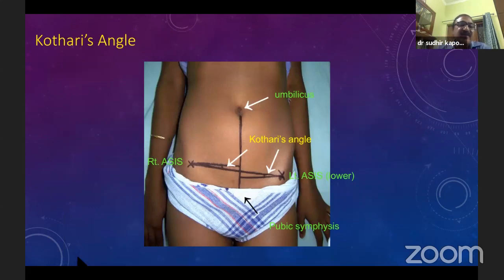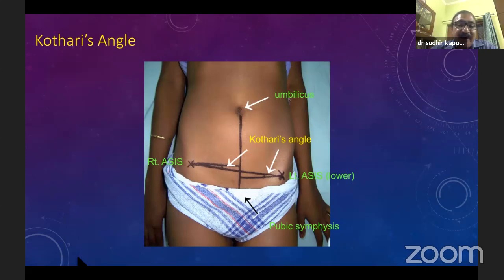Now, there is one more method of measuring abduction or adduction deformity by Kothari's angle. In the previous method, described by Nelson, also known as Nelson's method, we had to square the pelvis. While in the method described by Kothari, there is no need for squaring the pelvis. In whatever position the two anterior superior iliac spines are, one line is drawn to join them.